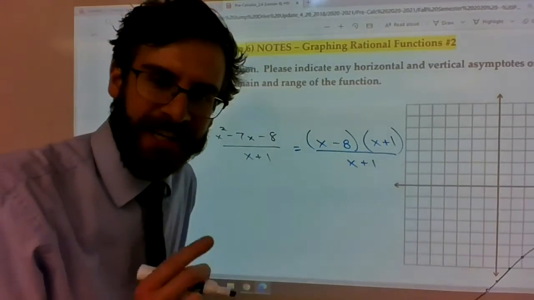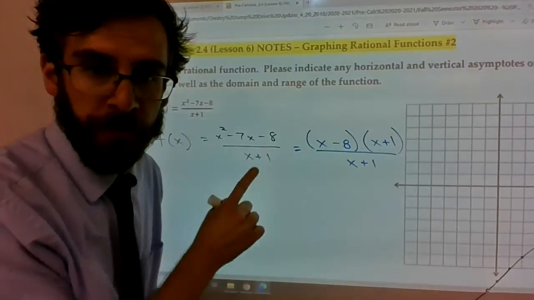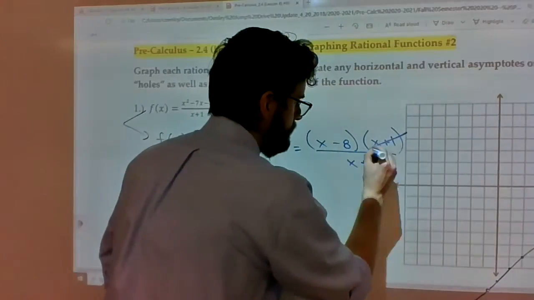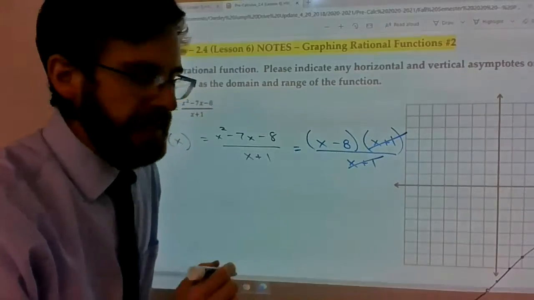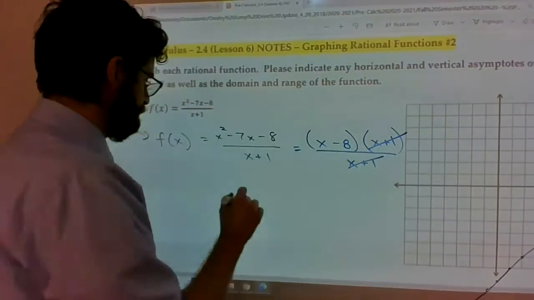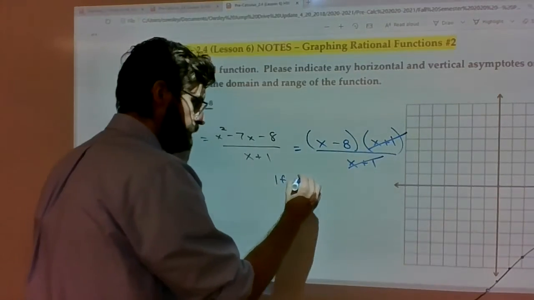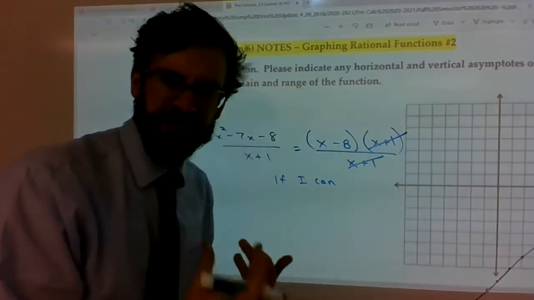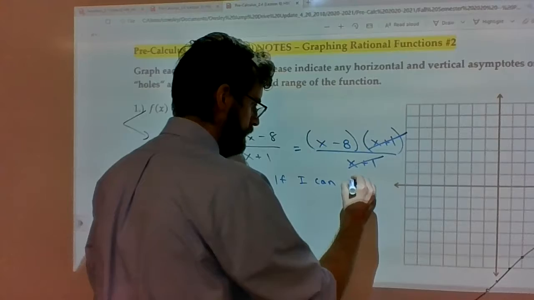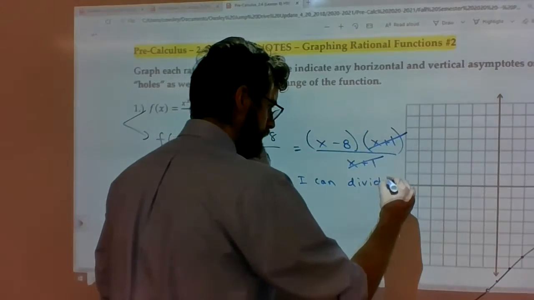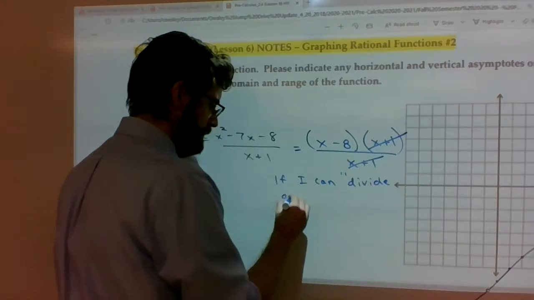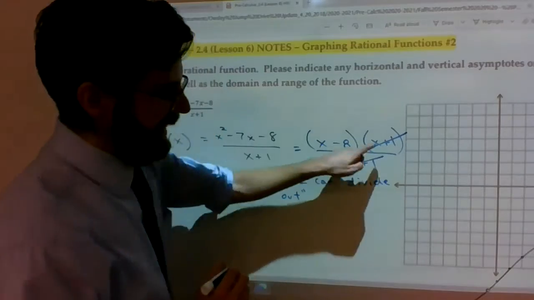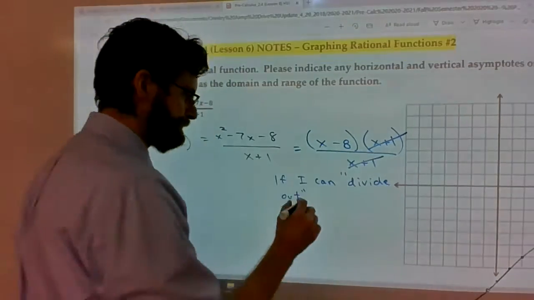If I can cancel out a factor from both the top and the bottom, it creates a hole in the graph. Let's call it divide out. The factor is x plus 1 on top.